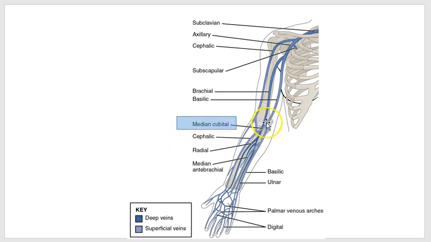And off of that basilic, you can get your median cubital, which is one that is typically punctured on blood draws. And then coming down off the brachial, you'll get your radial and your ulnar.